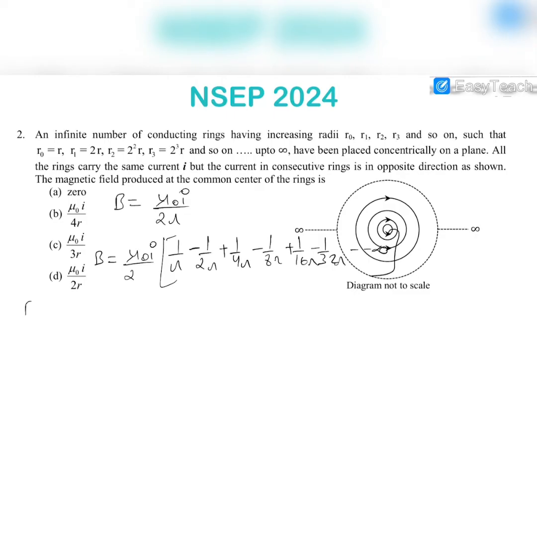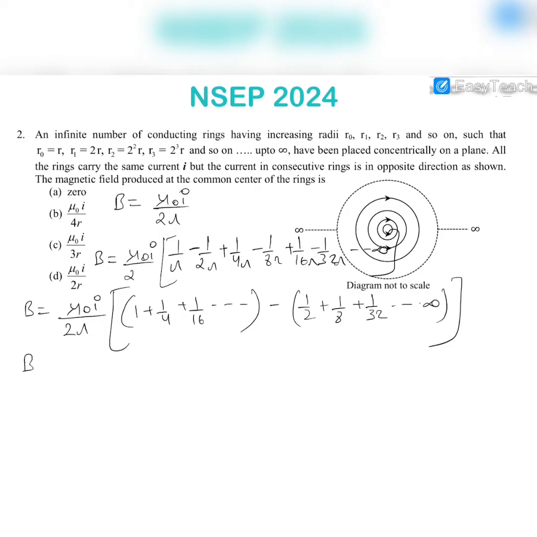We know that this is a GP, and if we take r common, this is two separate GPs. So this is 1 plus 1 by 4 plus 1 by 16 and so on, and here it would be minus 1 by 2, in fact, minus 1 by 2 minus 1 by 8 minus 1 by 32 and so on.